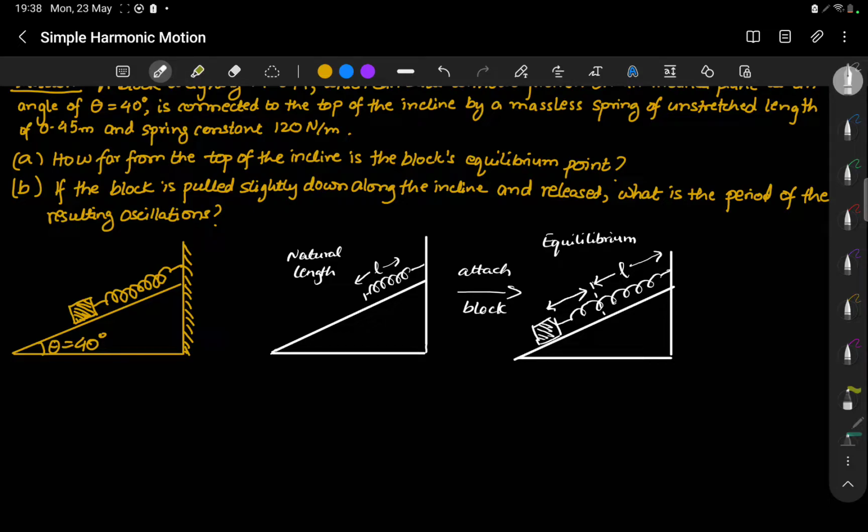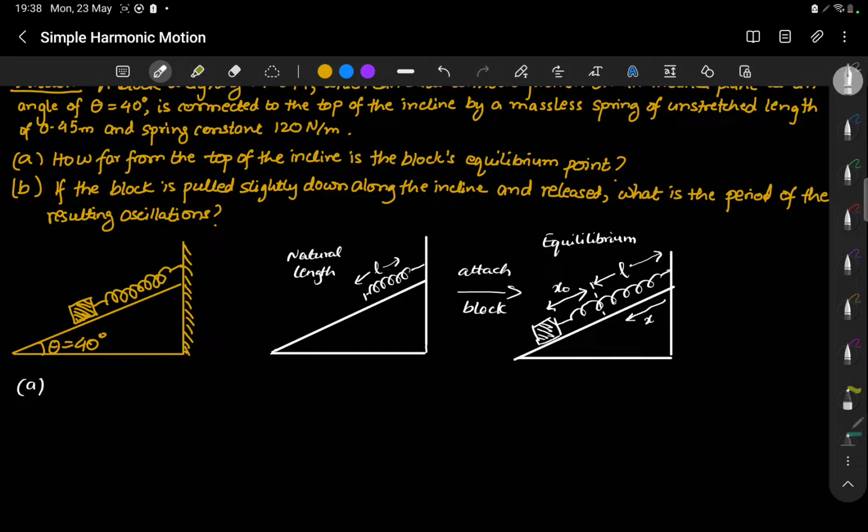So let us draw our axes first. Since all our motion is along this incline, it makes sense to call this the x-axis. We will have our x-axis along the incline. So this is, let's say, some distance x0, extension for the equilibrium.